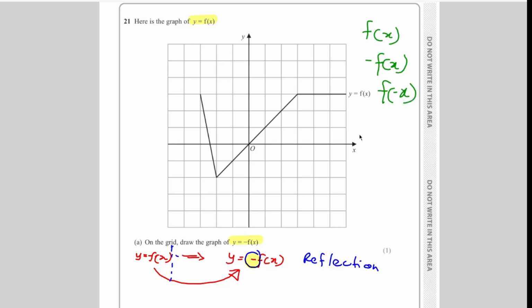So whenever you spot this negative sign out of bracket, it means your mirror line should be considered as the x-axis. So remember, when you are seeing your negative sign out of bracket, your mirror line should be x-axis.